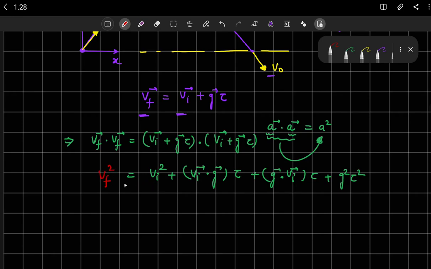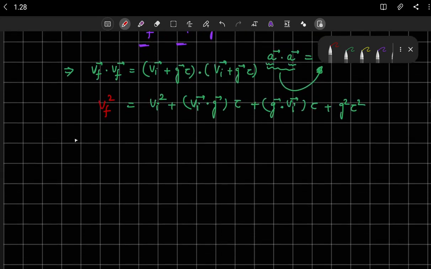Now initial velocity and final velocity both are equal to v naught, so let us equate it: v naught square is equal to v naught square plus v naught vector dot product with g vector into tau plus v naught vector dot product with g vector into tau, because the g vector dot product with the initial velocity vector or the initial velocity vector dot product with g vector are both the same, plus g square into tau square. So this will get cancelled.